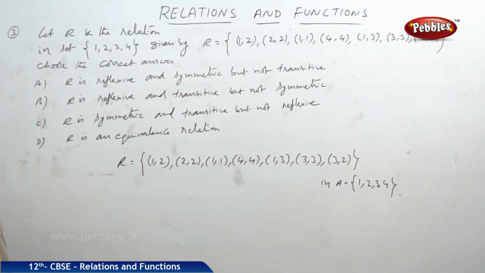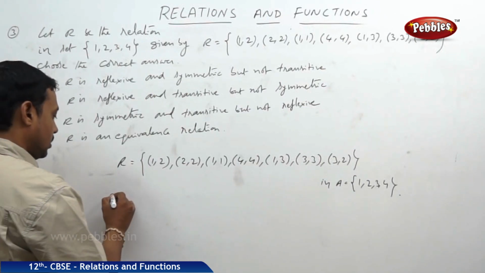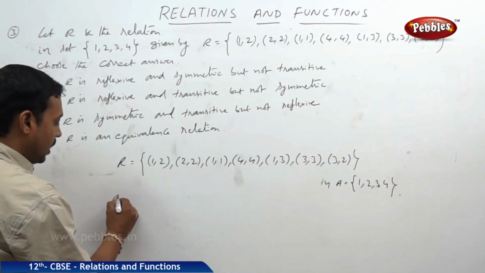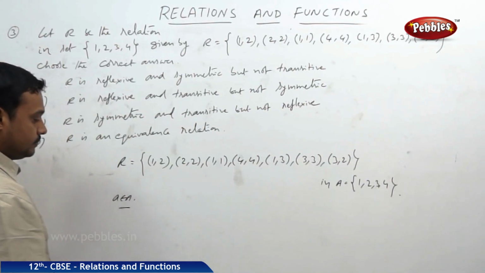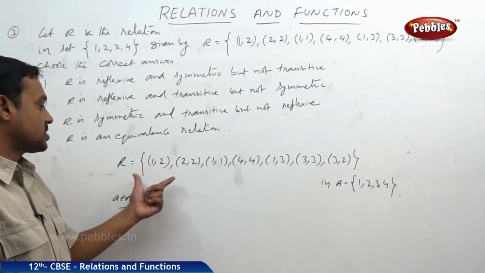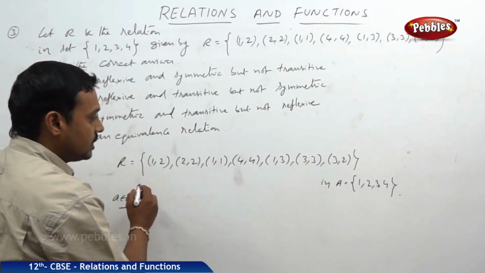Okay. Now, let us check whether it is a reflexive relation. For some a belonging to A chosen, the relation must contain (a, a). If I take 1, is (1,1) there? Yes.